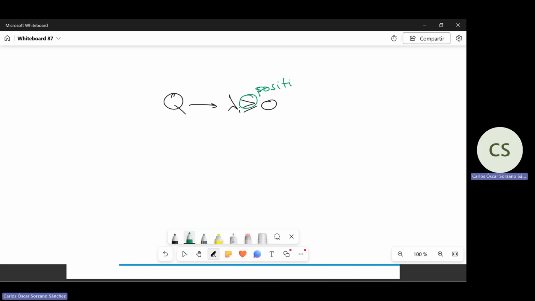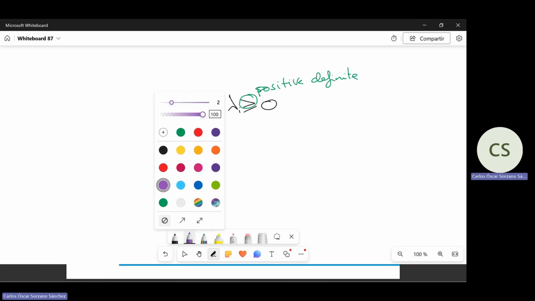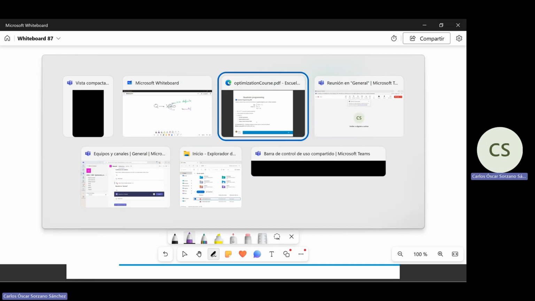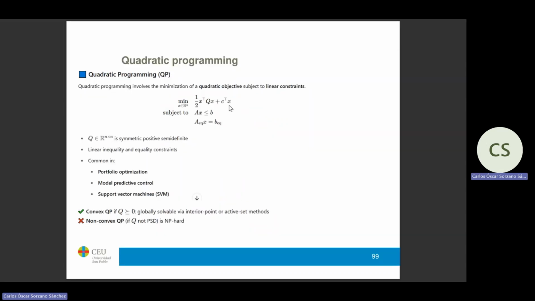If it is only larger than 0, it is positive definite. And if you have the equal, then it is positive semi-definite. So to be quadratic programming, the eigenvalues have to be larger or equal to 0.